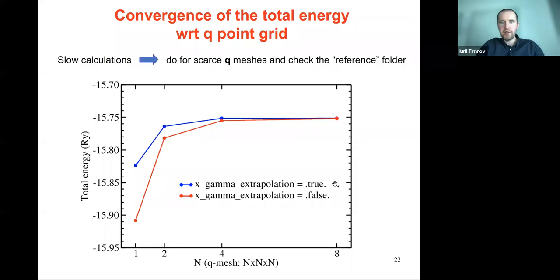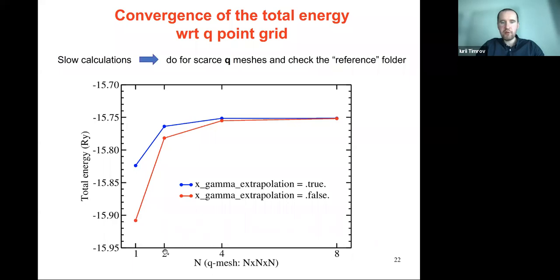using x_gamma_extrapolation true, we reach convergence faster for small q-point meshes. So already at gamma, this point is closer to the converged value, this one, if we use the gamma extrapolation technique. If you don't, you're more off with respect to the converged value.